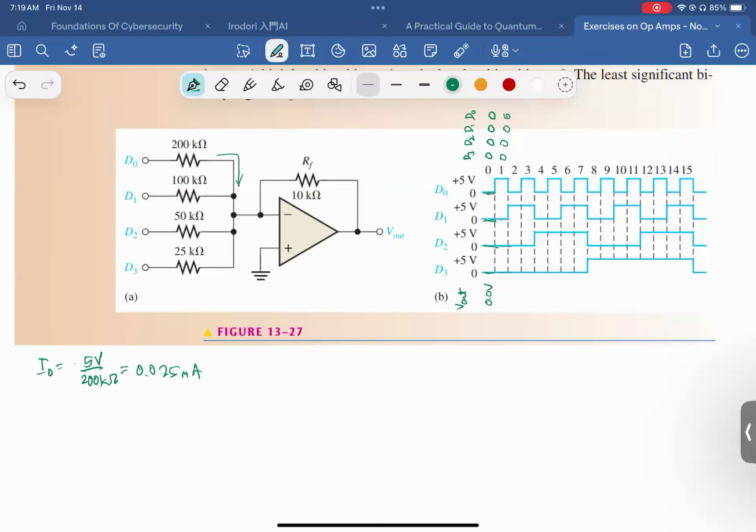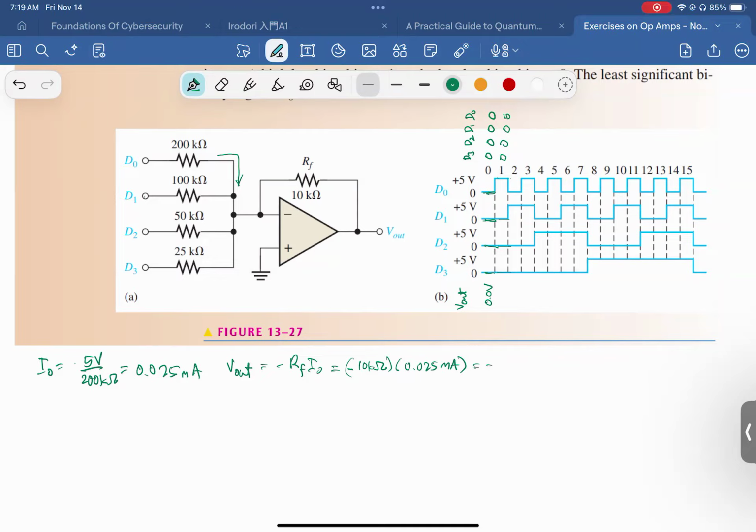Okay. Now, yung corresponding na output dyan ay makukuha natin from the feedback resistance at saka sa I naught. So yung output signal dito is yung feedback resistance times yung I naught. Okay, remember, this is just an inverting amplifier, so we're using the same principle. Ang feedback resistance is 10 kilo ohms, and then we have an I naught of 0.025 milliamperes.